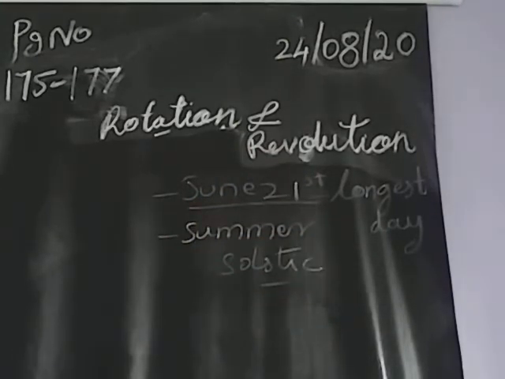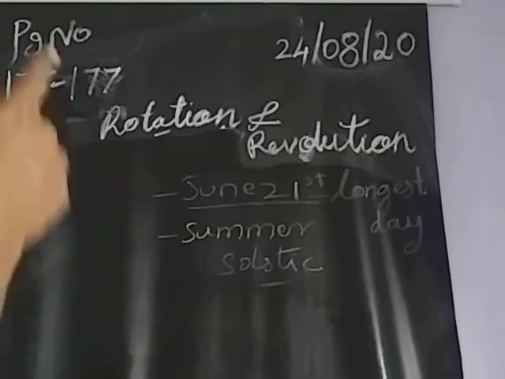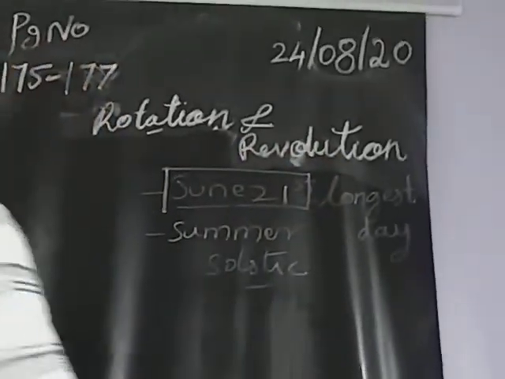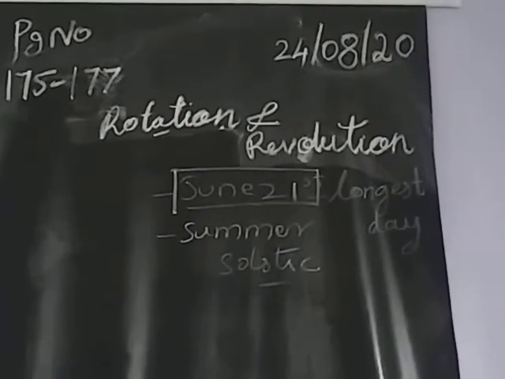Longest day means the shortest night you will get on June 21st. That is called the summer solstice.